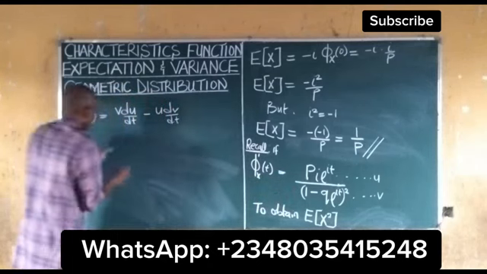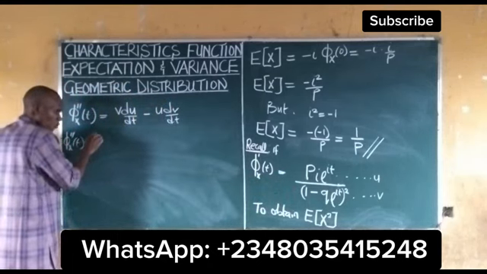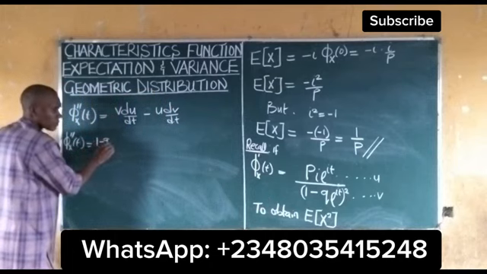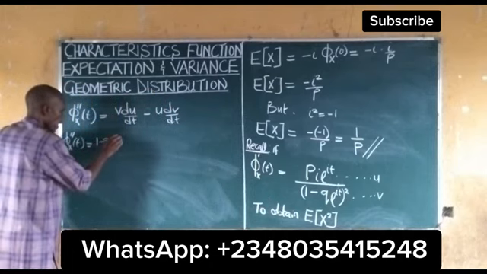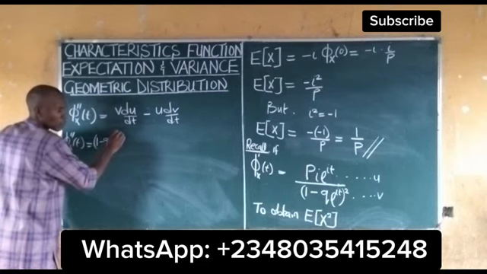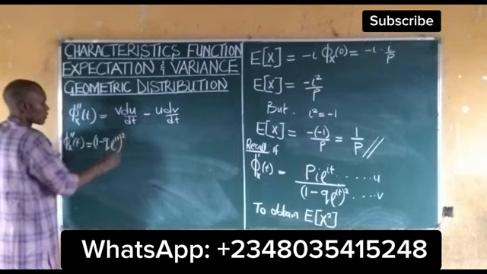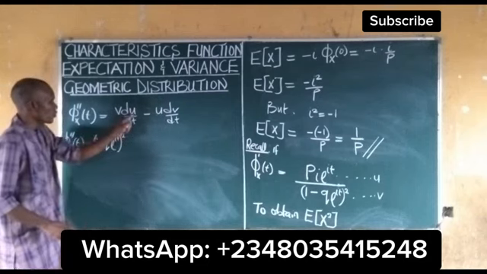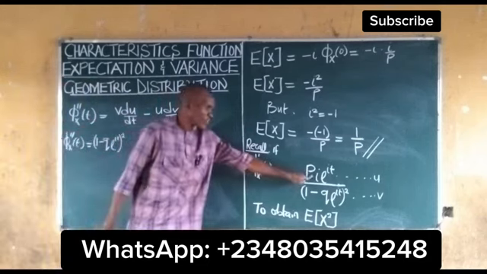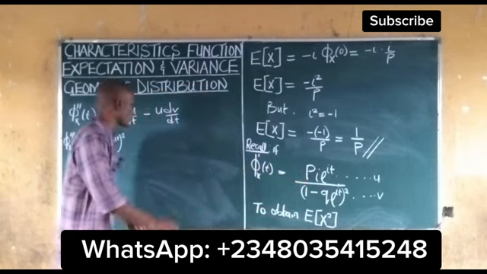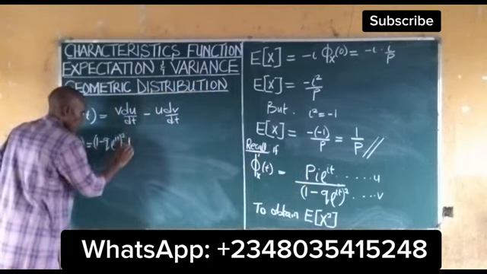This is our v. So we read it as 1 minus q e to the power of i t, raised to the power of 2. The u all over the t, we differentiate this. The u all over the t, we have it as p.